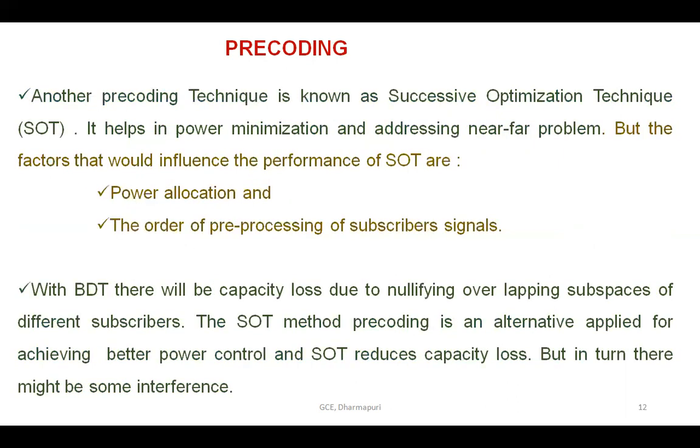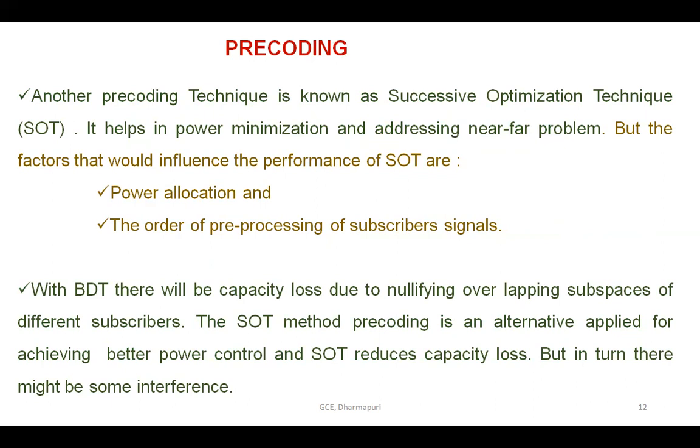Another precoding technique is known as successive optimization technique, SOT. It helps power minimization in addressing near and far problems. But the factors that influence the performance of SOT are power allocation and the order of pre-processing of subscribers' signals.